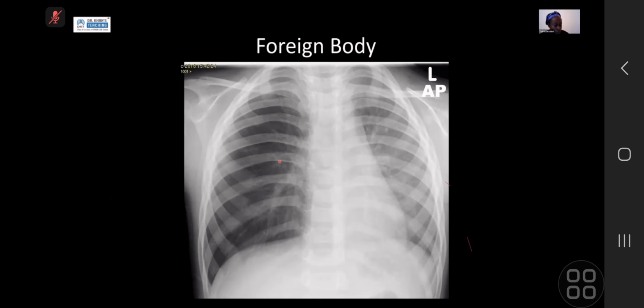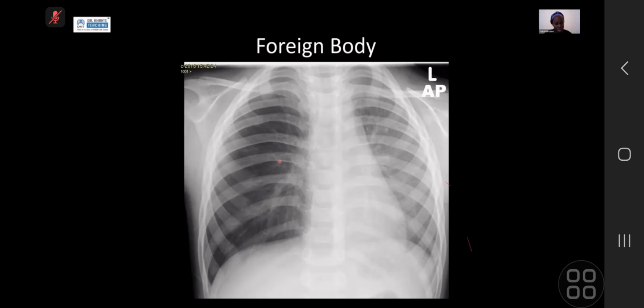So if you ever see a hyperlucent hemithorax in a pediatric patient in particular, you have to raise the possibility of a foreign body, even if you don't see a radiopaque density. There are other conditions that can give you a hyperlucent hemithorax, such as Swyer-James, but foreign body probably is the one we see most commonly.